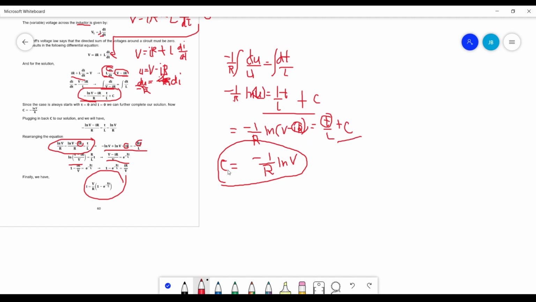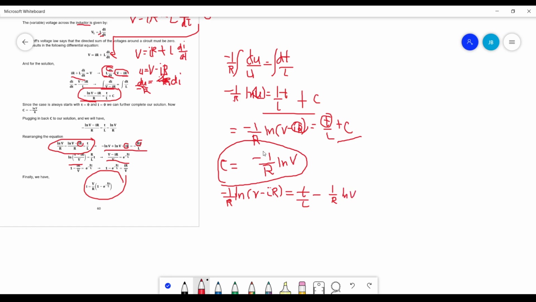Okay, so you will have negative 1 over r ln of v minus ir is equal to t over l, and our c is minus 1 over r ln of v.